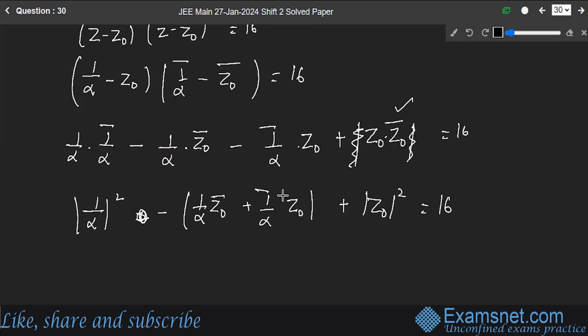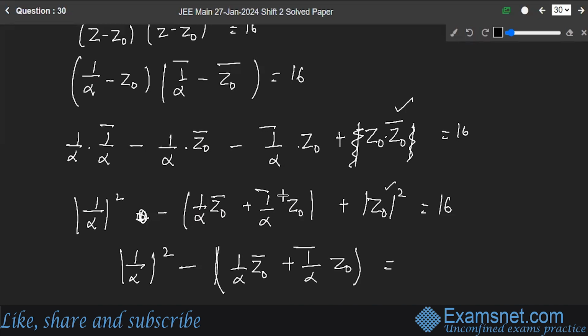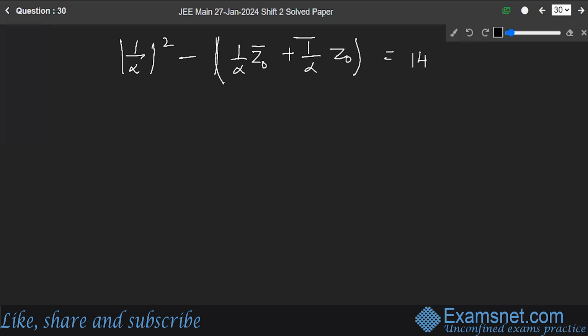So you have 1 by alpha modulus square minus 1 by alpha z naught conjugate minus 1 by alpha conjugate z naught is equal to, that was 2, so this is equal to 14.